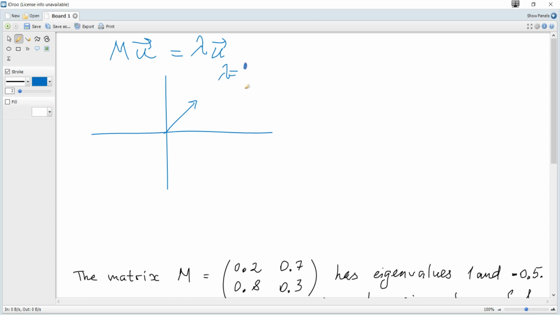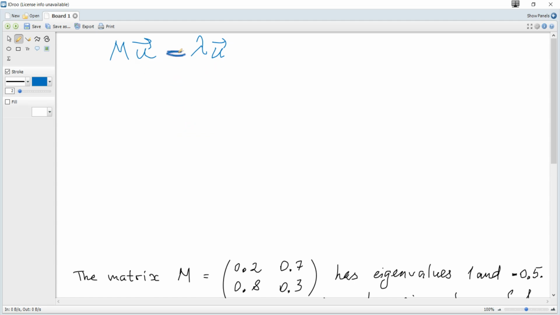And if lambda is 1, it will be the same vector. It remains the same under the given transformation. Or when we consider a line through this vector, under the given transformation this line remains the same. And such values lambda are called eigenvalues, and such vectors u are called eigenvectors.